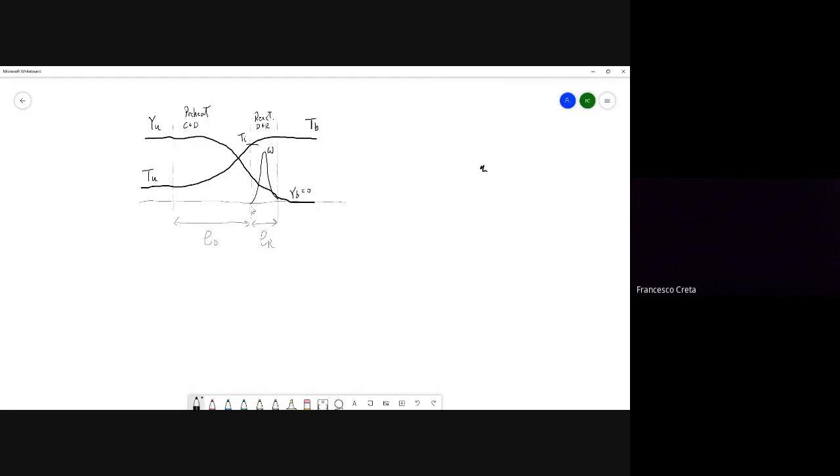We've seen that these two zones have a characteristic length: a diffusive length of the preheat zone, which we're going to call LD, and a reaction zone, which is typically a much thinner reaction zone.